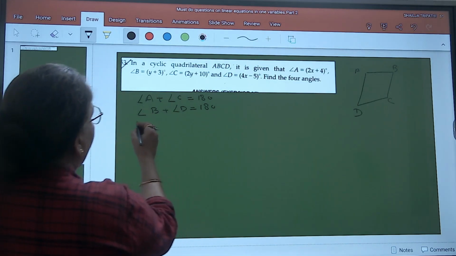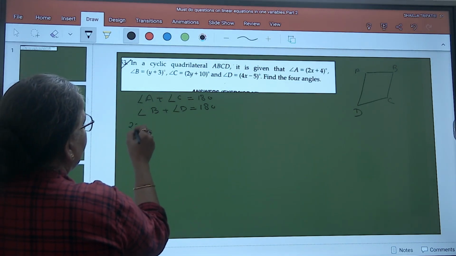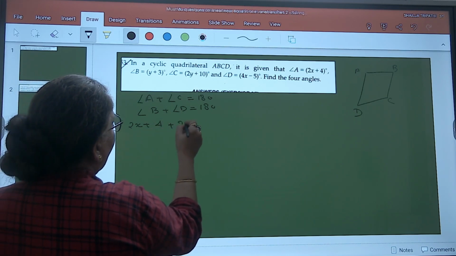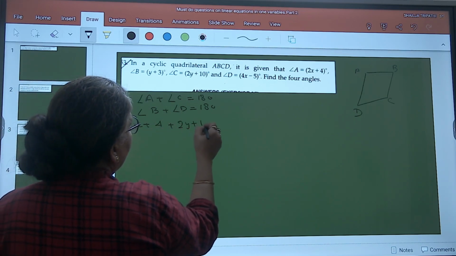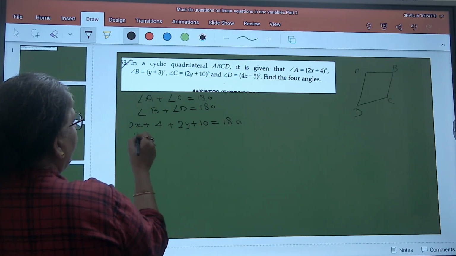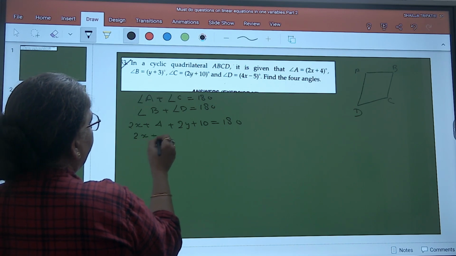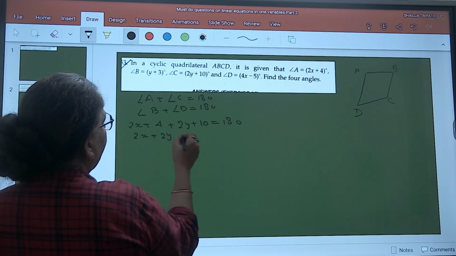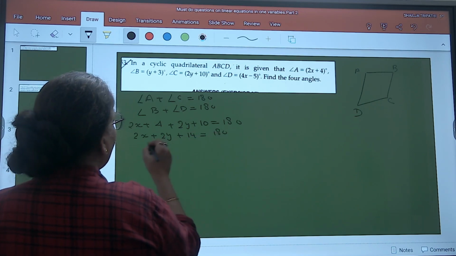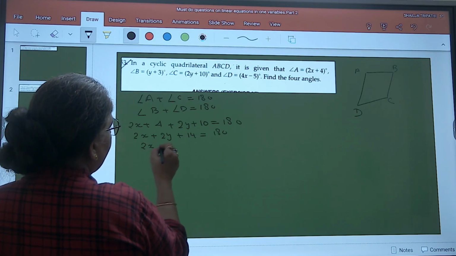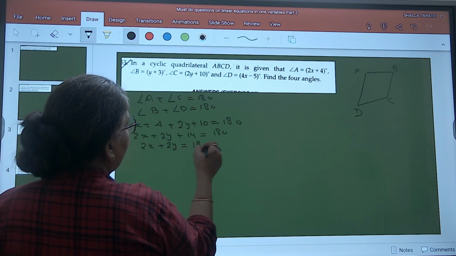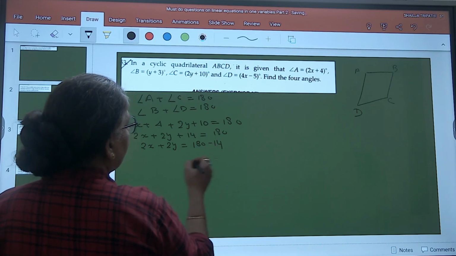Now put the values and we can solve. Angle A is 2x plus 4 and angle C is 2y plus 10. This is equal to 180. So we get 2x plus 2y plus 14 is equal to 180, or 2x plus 2y is equal to 180 minus 14.